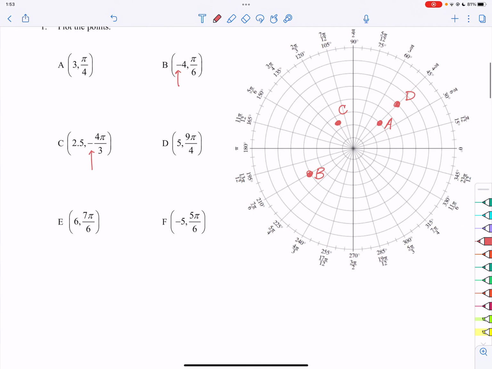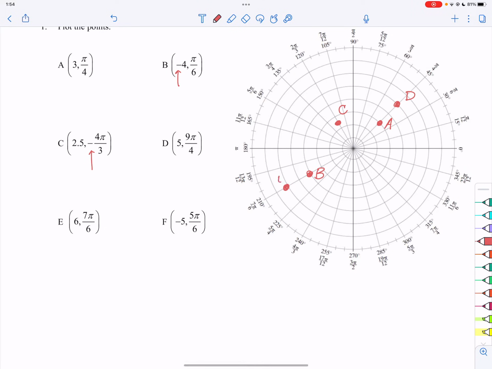Okay, E, 7 pi over 6. So we are going to come around like this, and we are going to go to 7 pi over 6, and that would be 6 units, which would be right here.